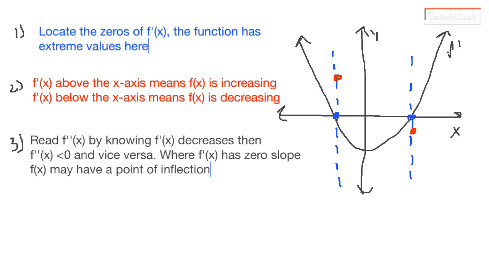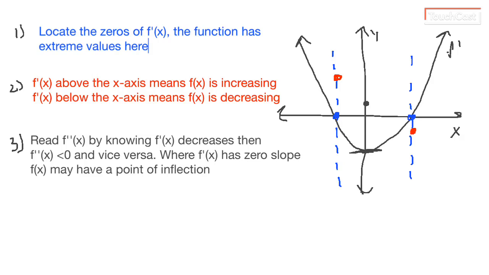So that means right here we have a slope of 0. Somewhere we have a point of inflection right there. Now, we have enough information to finish off this sketch.